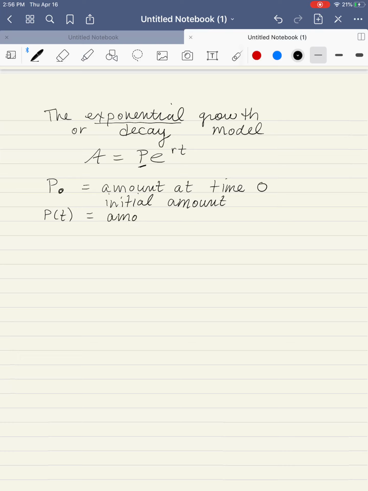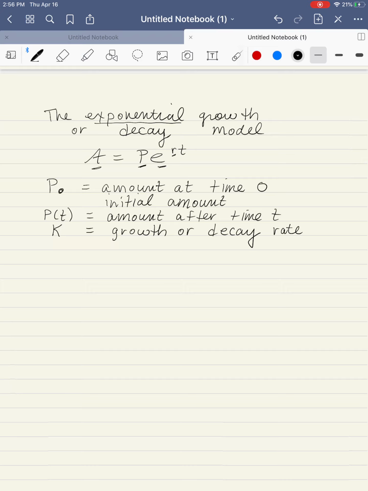The amount that you have after time t has gone by, P of t, is your future value, your A, in this formula. E is just the number e, that's not going to change. R is going to be your growth or decay rate.